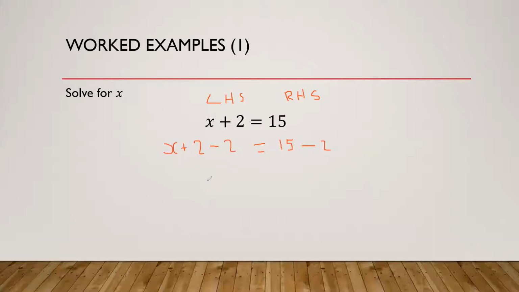So that causes me effectively to move 2 to the other side. So we can see that 2 becomes minus 2 on the other side. So I haven't really moved it per se. What I've done, I've subtracted the same amount on both sides because I want to isolate x. Right? So it looks as if I've moved it. I mean, it's a good way of looking at it, right?